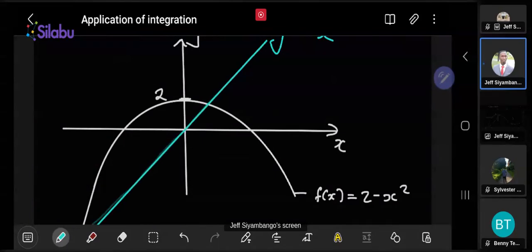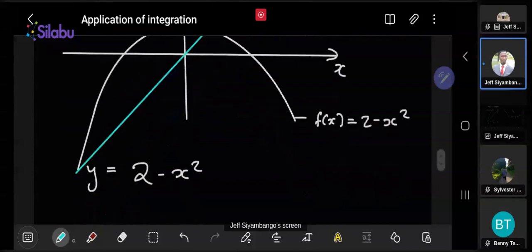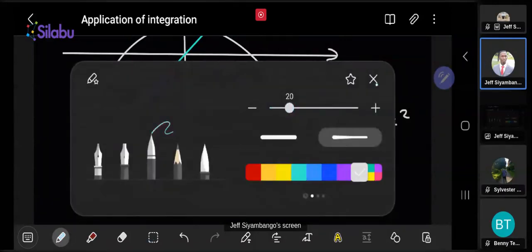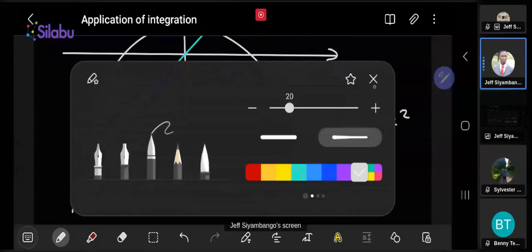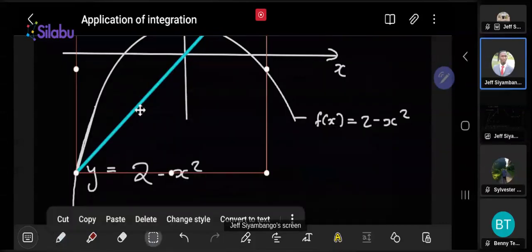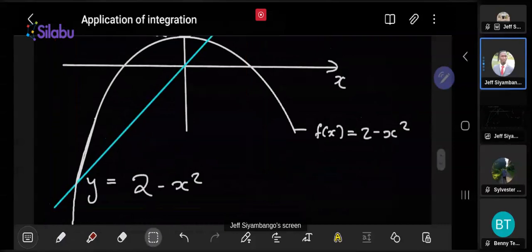So we have something like this. So this is the graph that we have. Let me extend the curve, so for the curve we have something like that. And for the other, I can just drag it down. Okay, so this is what we have.